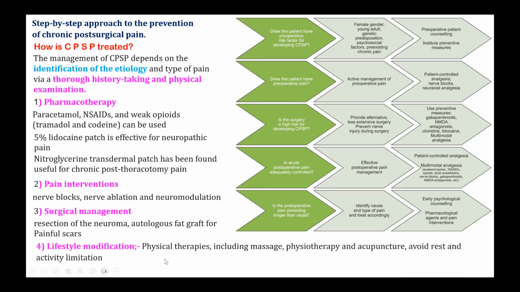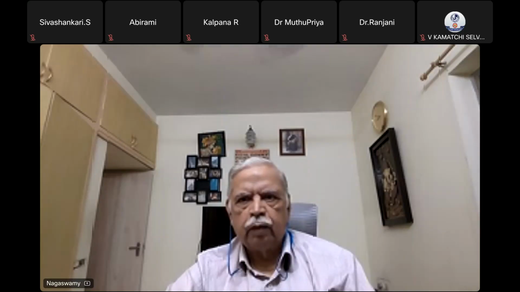And lifestyle modification like physical therapy, massage therapy, acupuncture. Don't ask the patient to rest and wait for a long time. Avoid rest and activity limitation. Ask them to be as mobile as possible so that the pain will come down much more. And psychological interventions and cognitive behavioral therapy are also used for this particular treatment.